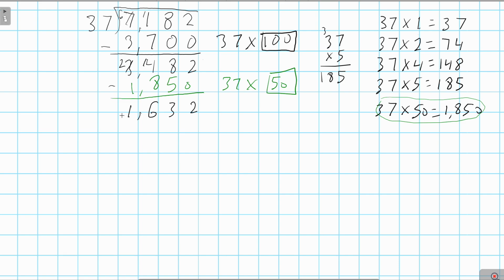Okay, so next, this is 1,632, so I can use this one. 37 times 4 is 148. Therefore, that means that 37 times 40 is going to be 1,480, which I can subtract from here.